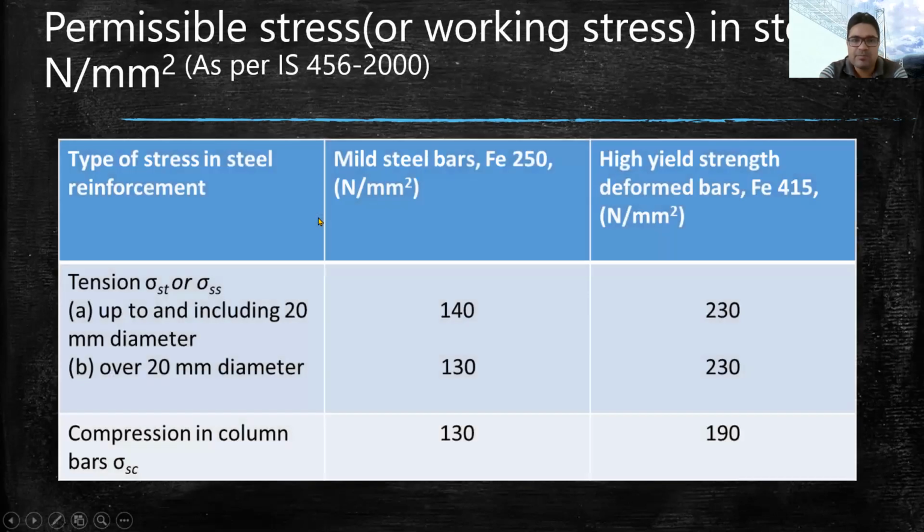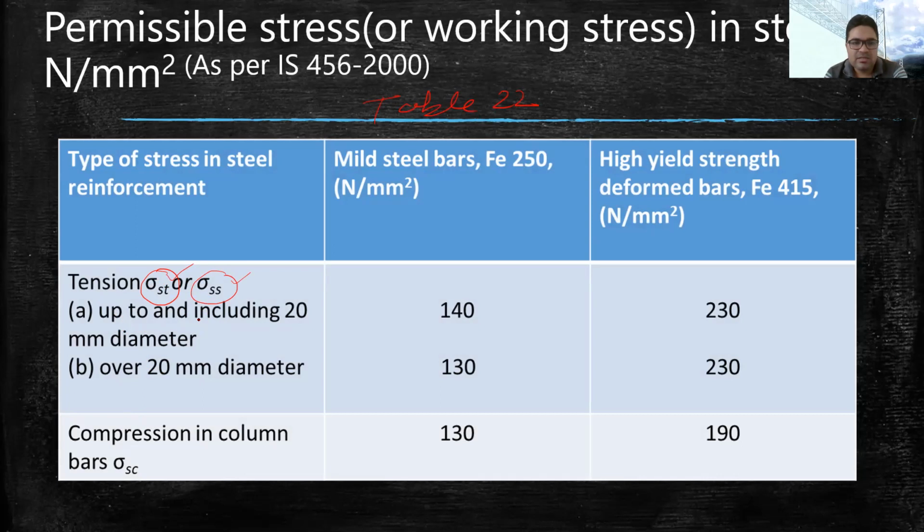If we refer to table 22 of the IS code, we can find this table there. So there you can see tension sigma. If the steel is in tension, we can denote that using sigma ST if we are using the tension bars in the beam, or sigma SS if we are using it in the column.